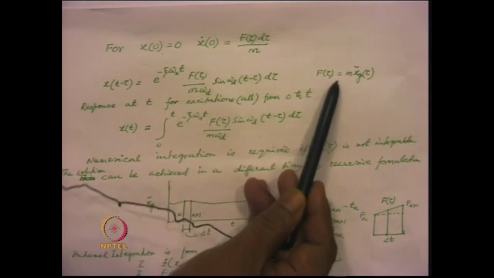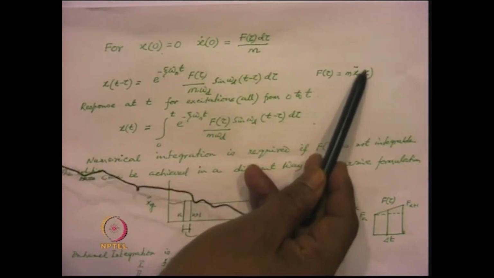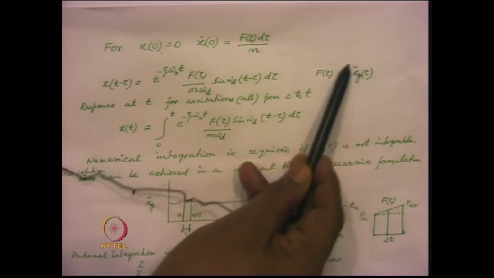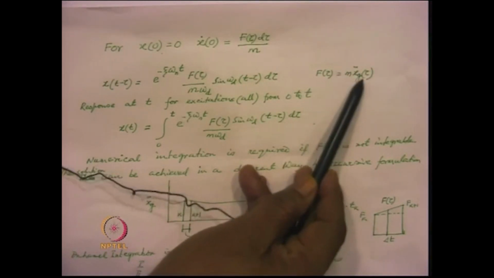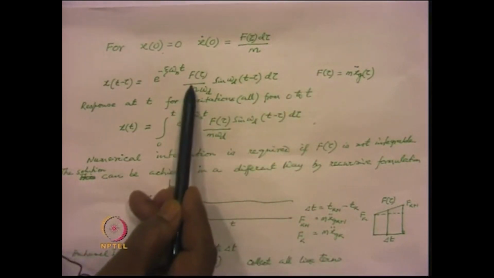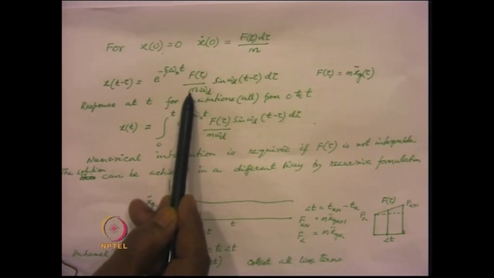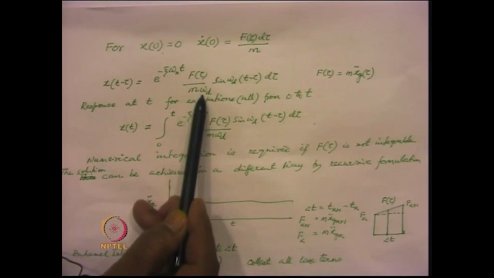If m into x double dot g of tau is the impulse force provided at 0 time, that is f(tau), divided by m, that becomes the initial velocity, and omega d is the damped frequency.